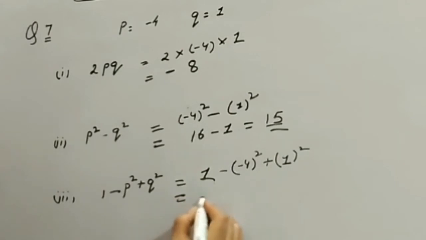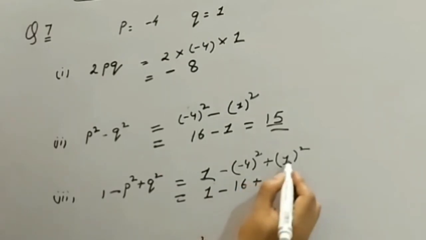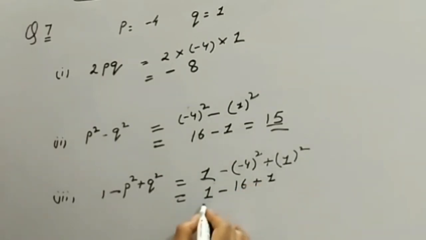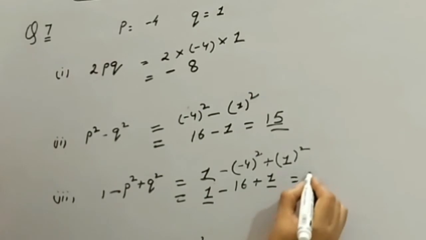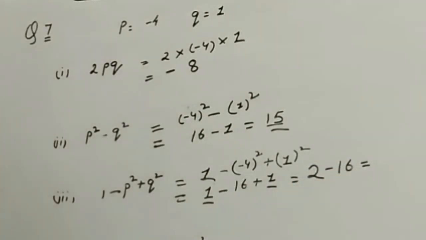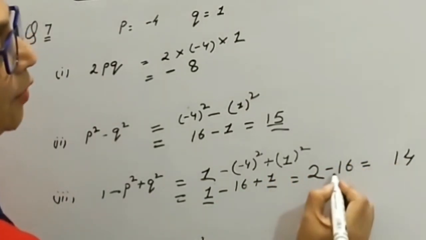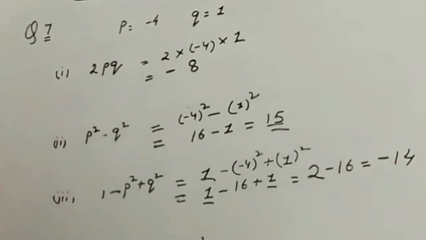Now solve carefully. 1 minus square of minus 4 is 16 plus square of 1 is 1. Add the two positive integers, it becomes 2 minus 16. Using the properties of integers, subtract the two and put the sign of the greater numerical value. Hence the value of this expression is minus 14.